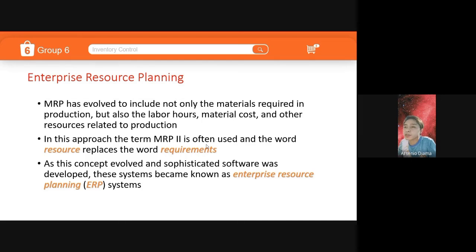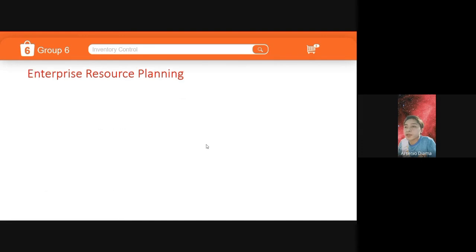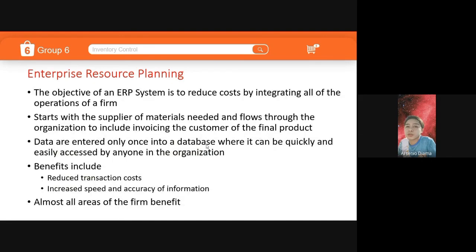As this concept evolved and sophisticated software was developed, these systems became known as Enterprise Resource Planning or ERP systems. The objective of an ERP system is to reduce costs by integrating all of the operations of a firm.